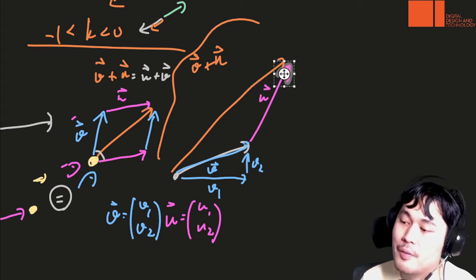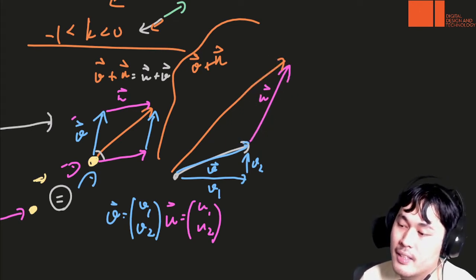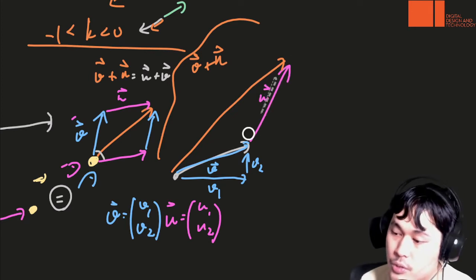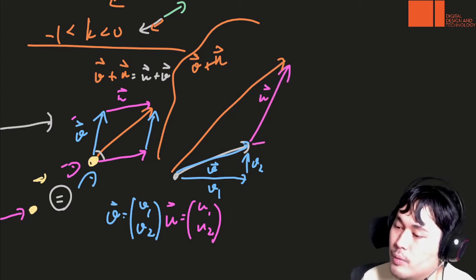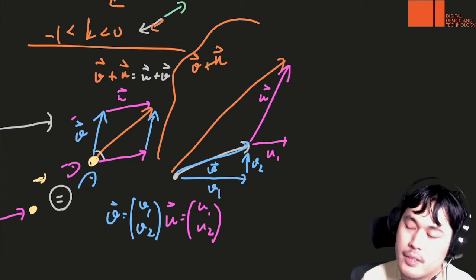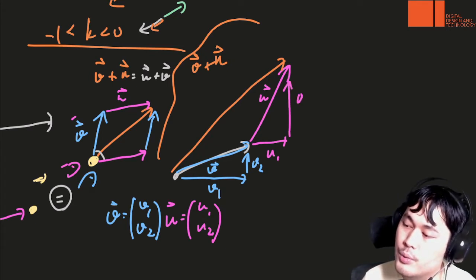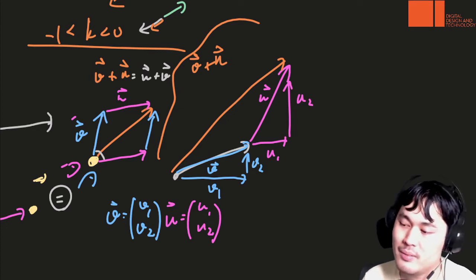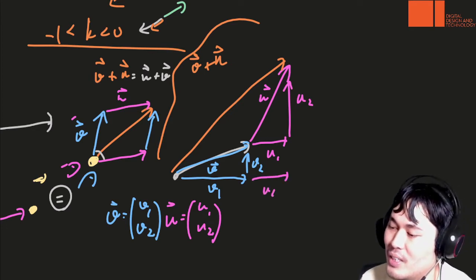And likewise, once we get to this point, we move using the vector U, this pink one, which means we move to the right by U1 steps and move up by U2 steps. And the result, you can fill in the blank.